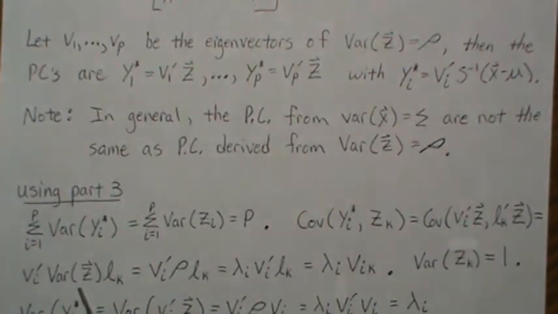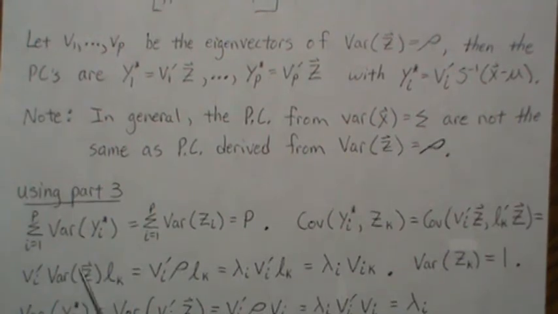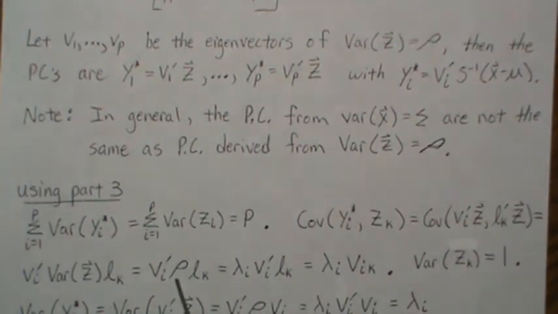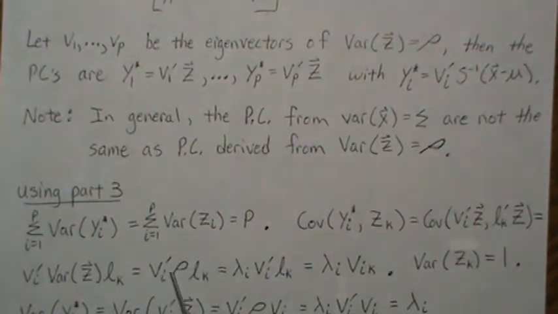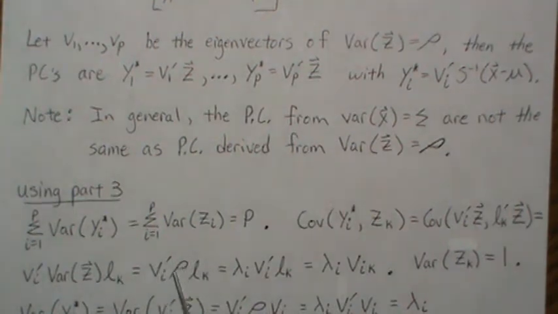And this is rho, the variance of Z is the correlation matrix. But V_i prime rho, these are eigenvectors associated with this, so we can just stick in lambda_i and pull it out front, assuming that's the eigenvalue associated with that eigenvector. And maybe I should have used something besides lambda.